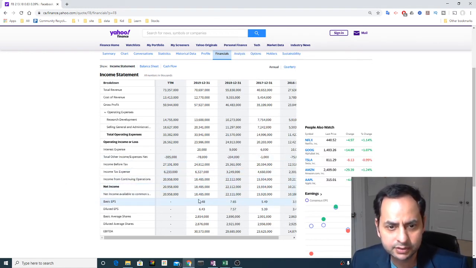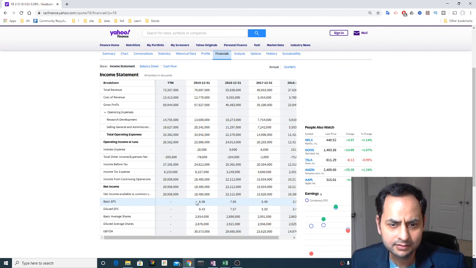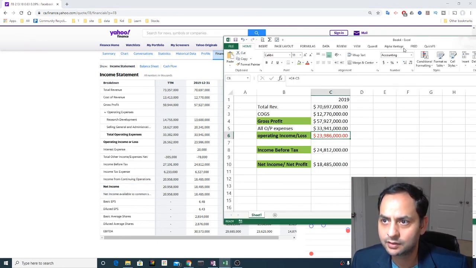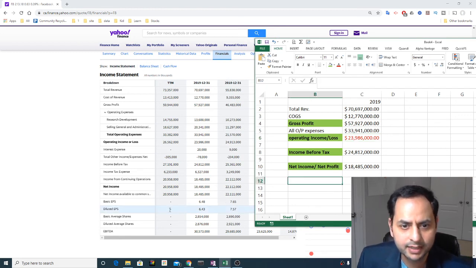And then there are the basic EPS and the diluted EPS. To calculate the EPS, which is the earnings per share, basically this is my earning, right? If I want to calculate the earnings or net income per share, it's very easy.